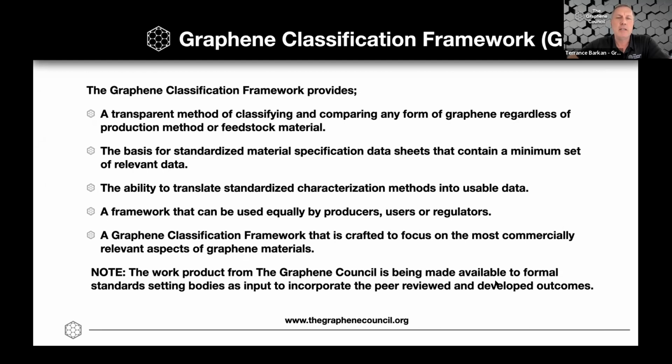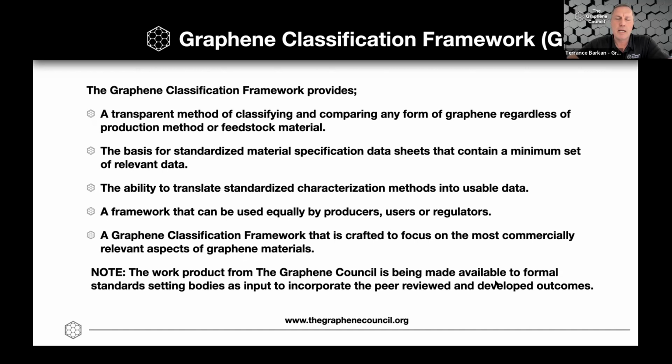And those 19 include a couple that are only valid for specific forms of graphene, like CVD, monolayer, single layer graphene, versus what's referred to as bulk graphene that people will know as a black powder or a paste that's made of multiple layers of carbon, but is still a form of graphene. And then the last point on this slide I want to emphasize is we took our baseline out of the existing standards bodies.